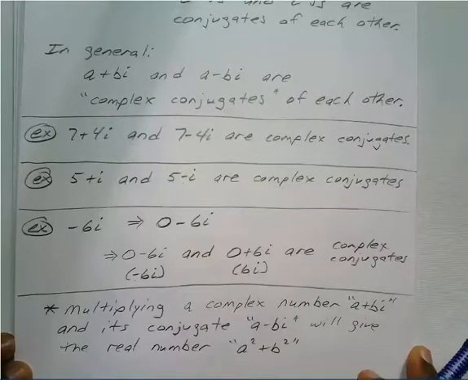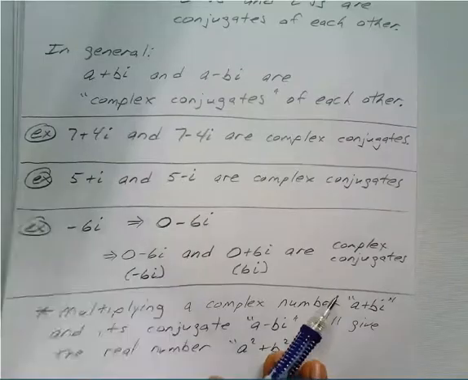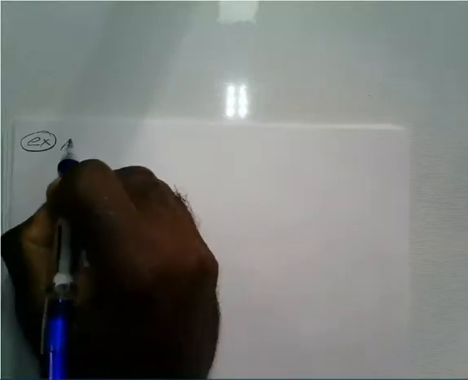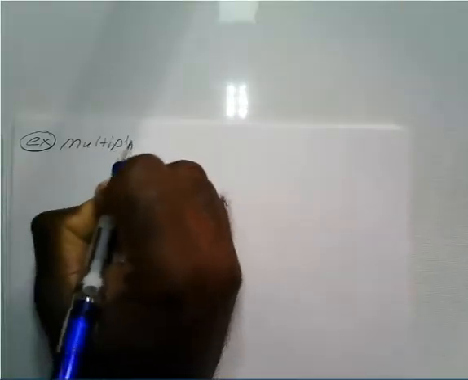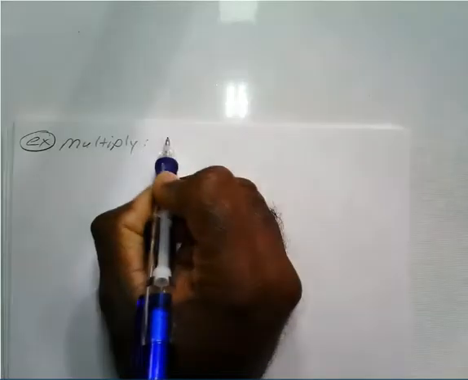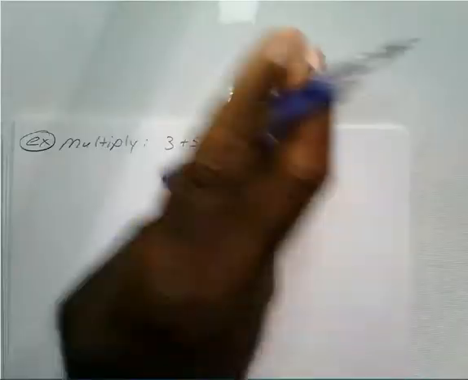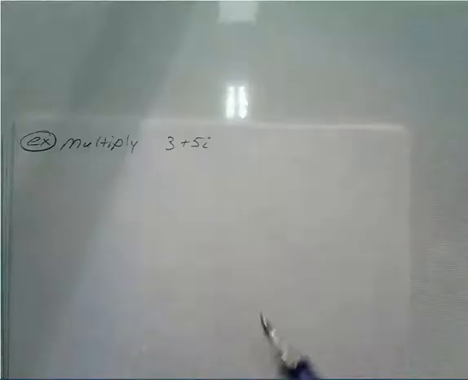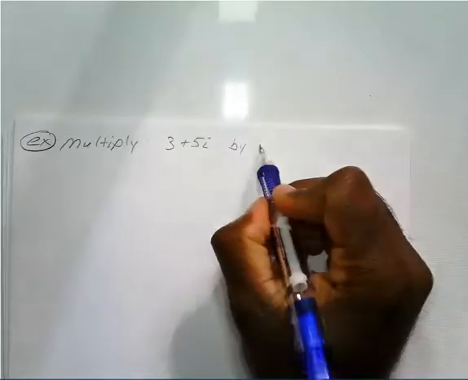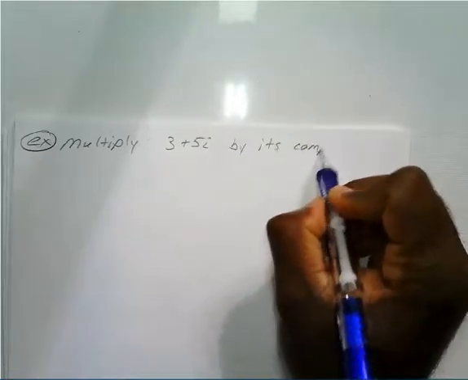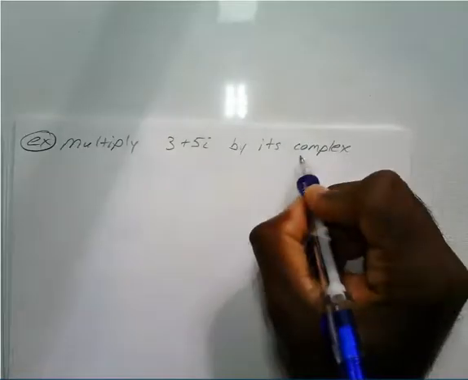Okay, so for example, let's say we wanted to multiply 3 plus 5i by its complex conjugate.